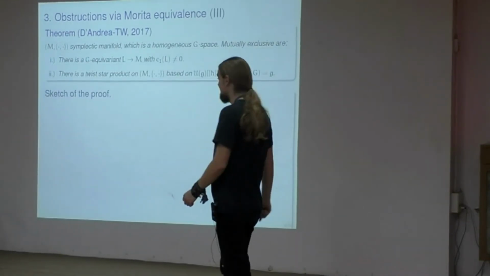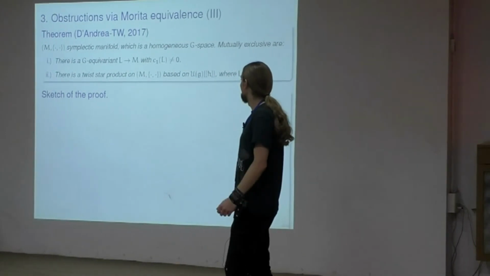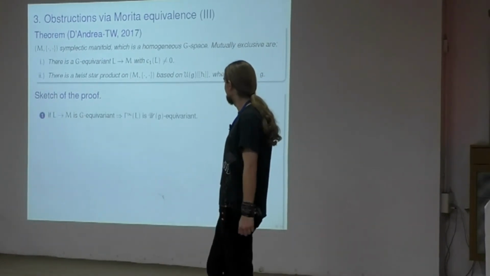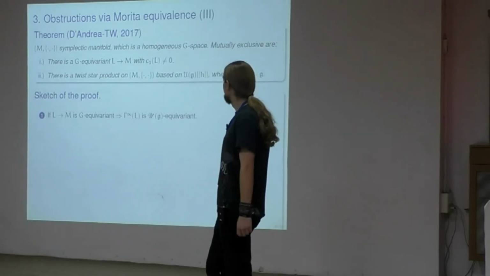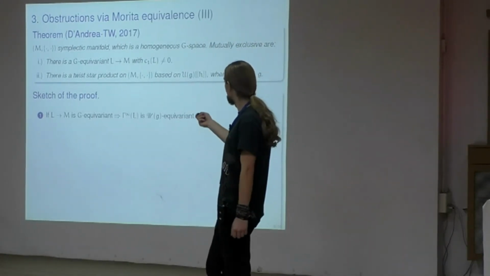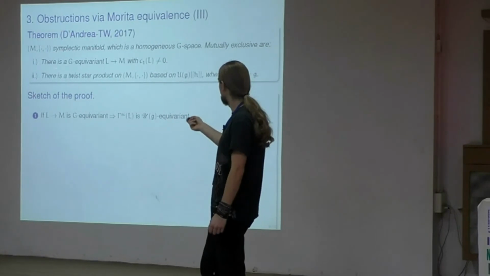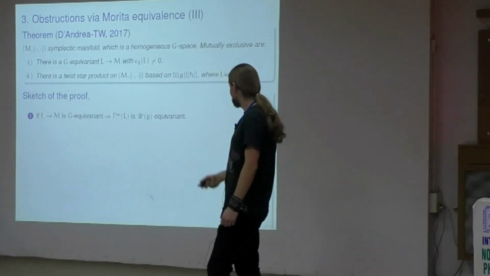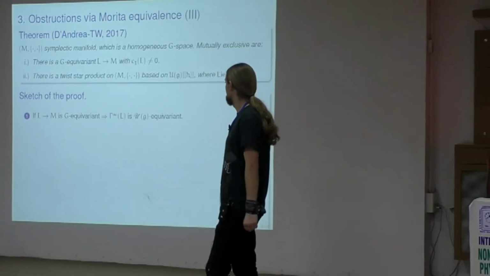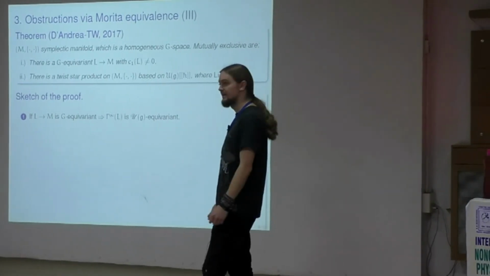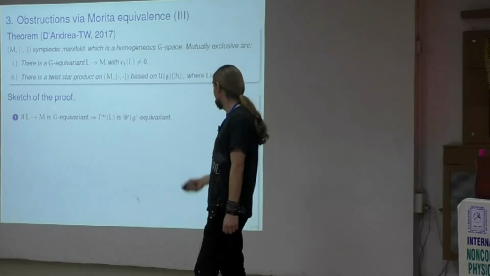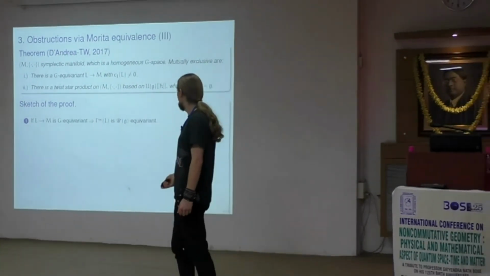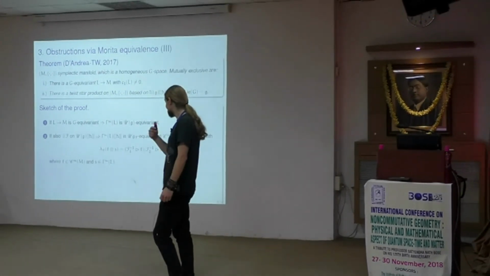Okay, since I was very fast, I can even show you parts of the proof. So let's say that both of these hold at the same time, 1 and 2 both hold. Then for a line bundle being G-equivariant, this only means that the smooth sections are UG-equivariant.